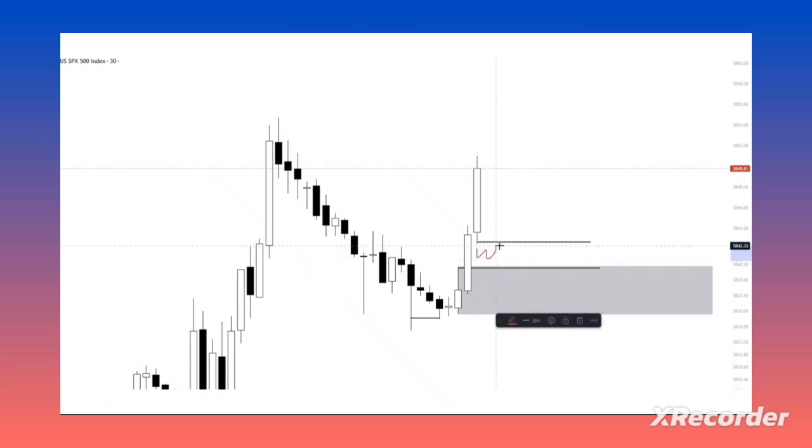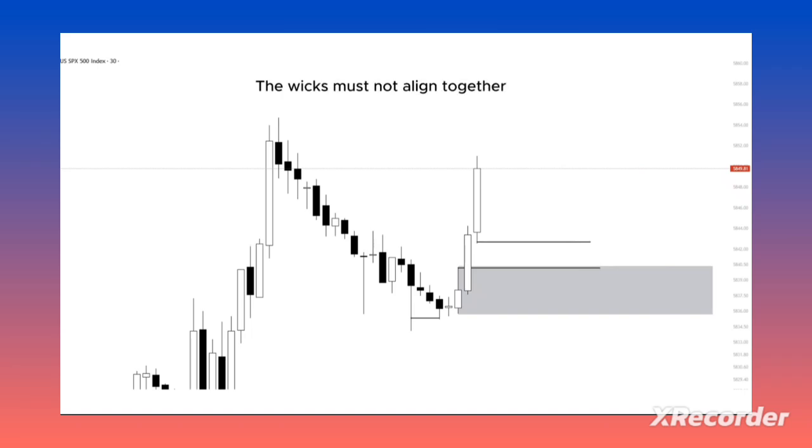That is called an imbalance of price. Now this is very important, but be careful. The first candle's wick must not align with the third candle's wick, else that is not a valid imbalance. A valid imbalance is what's seen on the chart, which, as we said, leaves a gap between price.